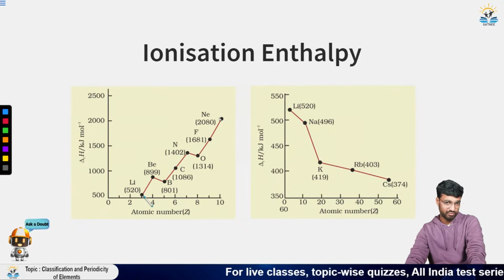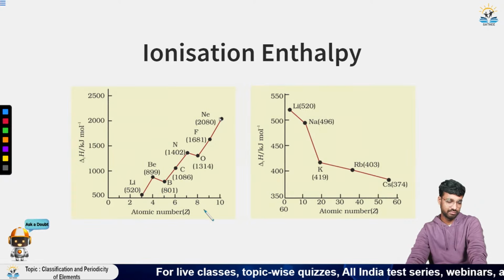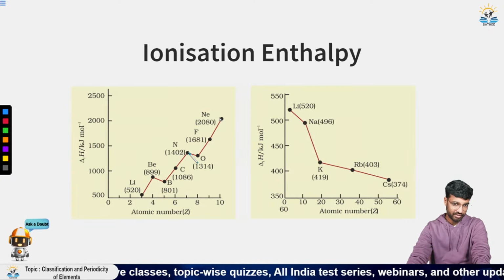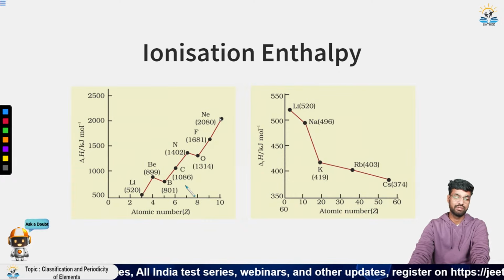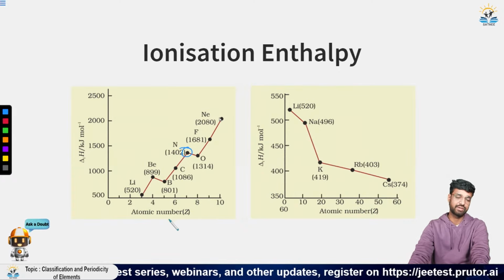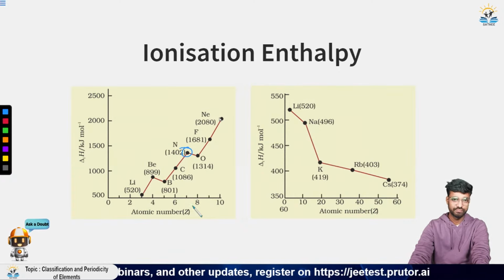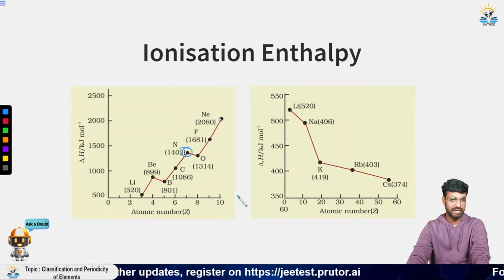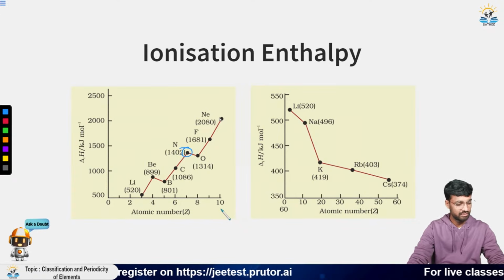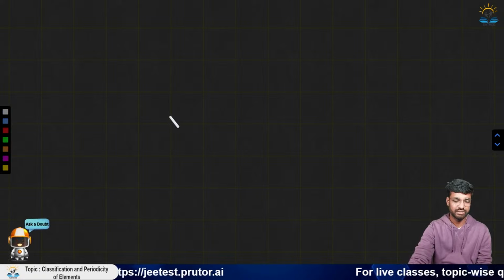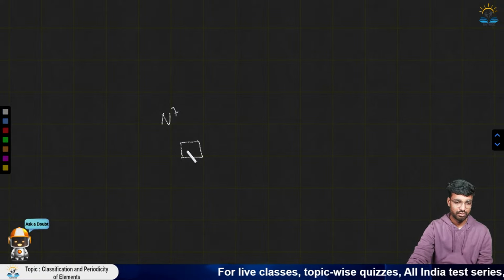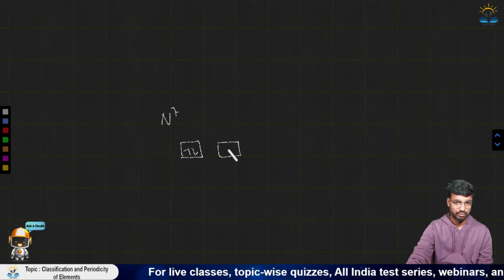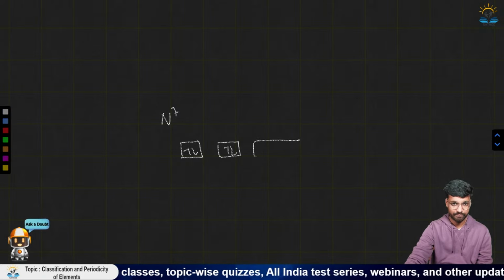Now, if you see the trend here, this is the graph. As we move from lithium to beryllium to boron, then from carbon, nitrogen to oxygen, we can see that boron has an extra jump here, and similarly nitrogen has an extra jump here. Why is it so? If you look at the electronic configuration, let me draw it. We know very well that nitrogen is 7, so it will be 2, 2, and then 3.